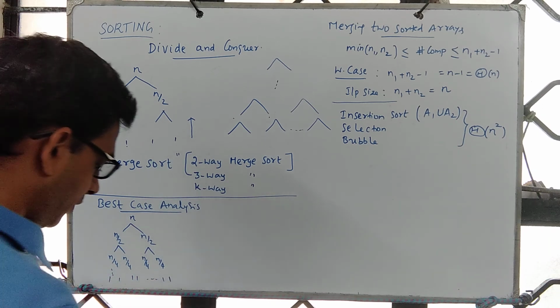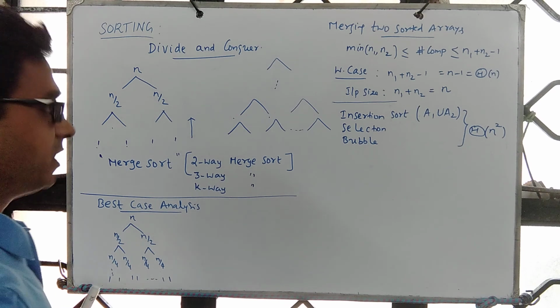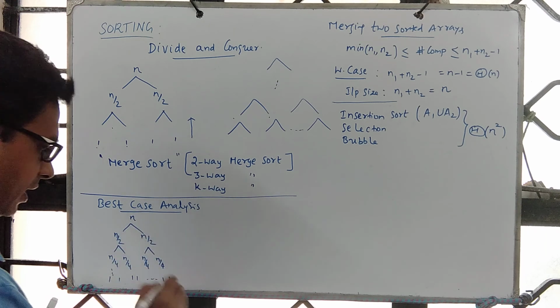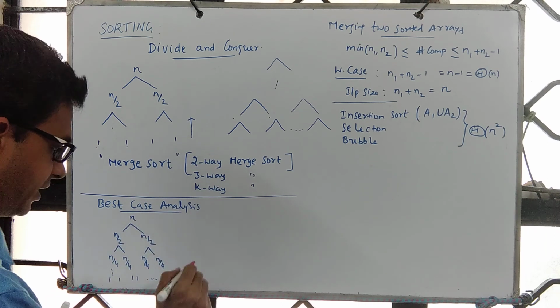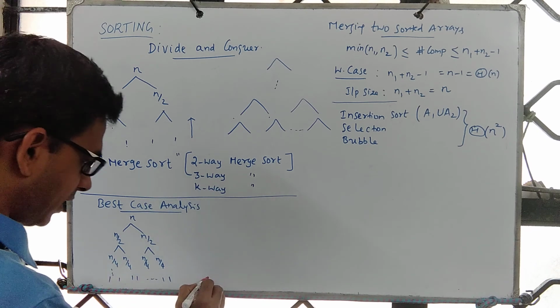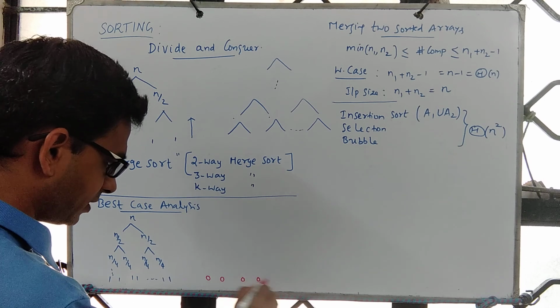This is precisely what we are doing. Now listen, then in bottom up fashion we start merging them. So these are all problem size 1, right? How many comparisons we need? We need 0 comparisons, correct?